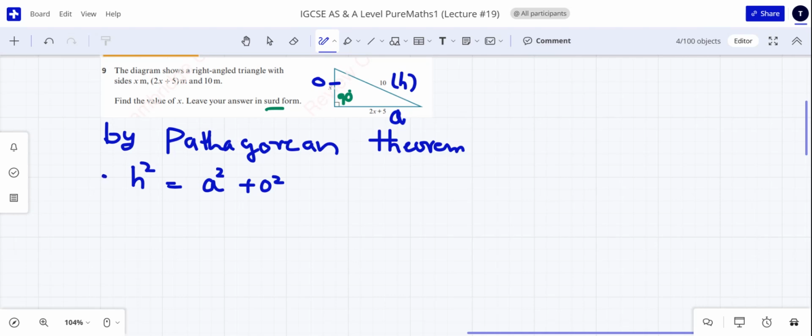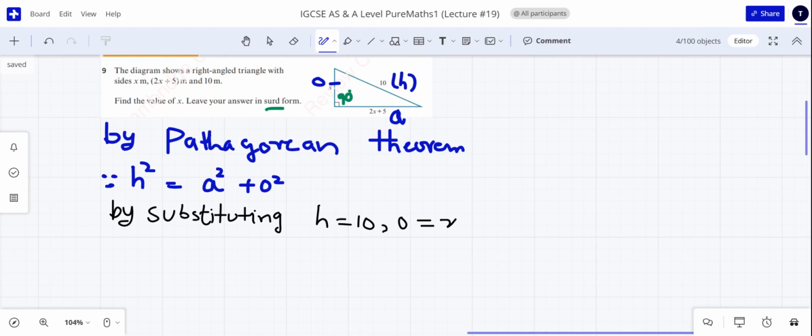So let's substitute the values in the Pythagorean formula: hypotenuse equals 10, opposite equals x, and adjacent equals 2x plus 5.